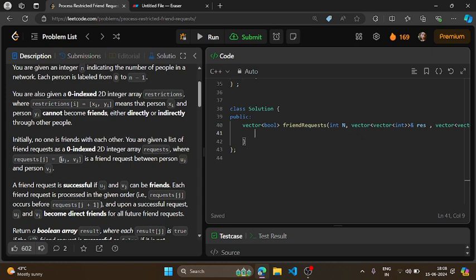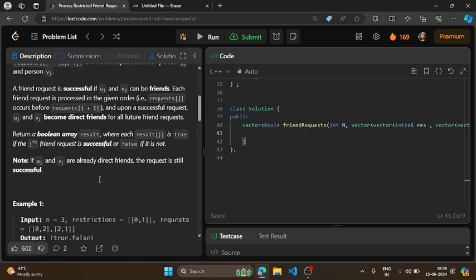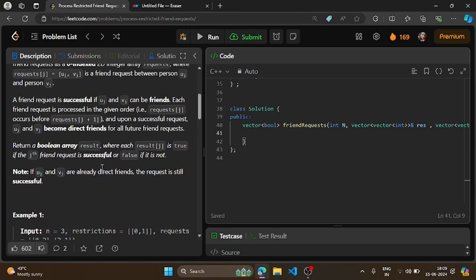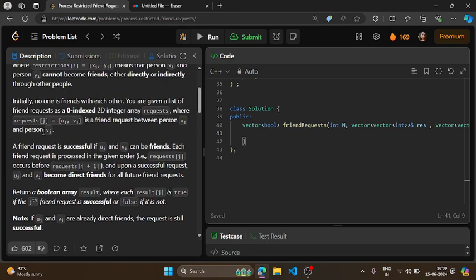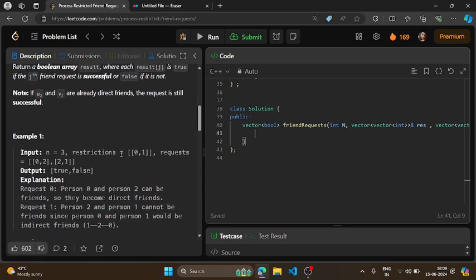A friend request is successful if u and v can be friends, and each friend request is processed in the given order. We have to process the requests in the same order, and tell whether it is possible for u and v to become friends, because they should not violate any condition given in the restrictions.